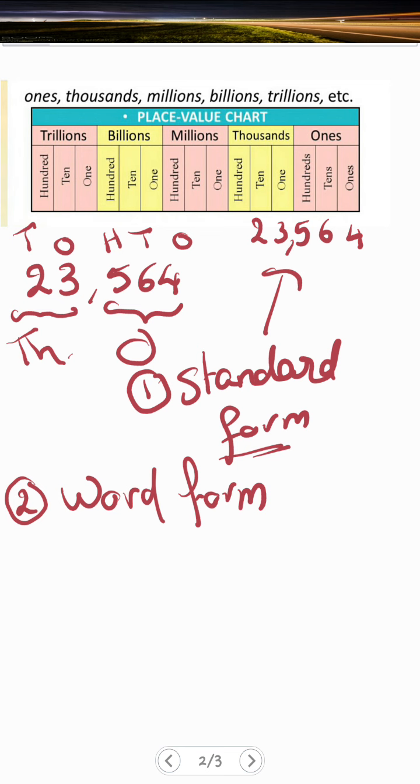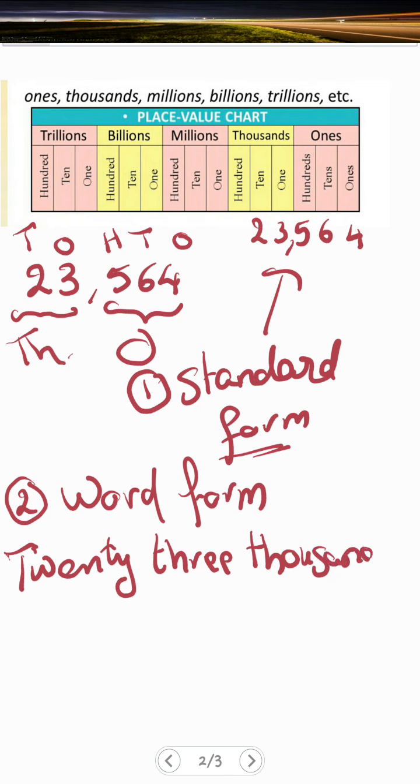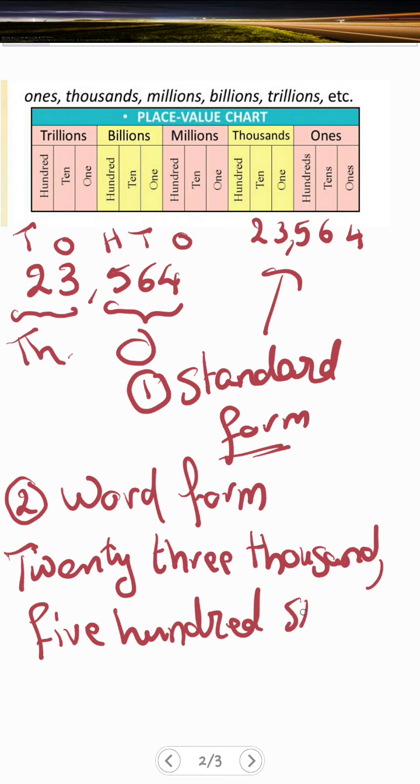So as we said here, this number is read as twenty-three thousand, five hundred sixty-four. By the same way, we will write it in words like this. So this is called the word form of this number.